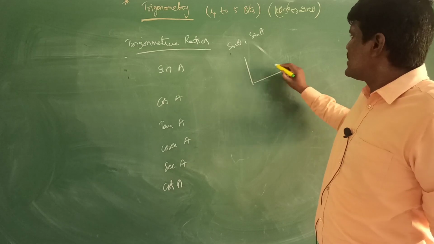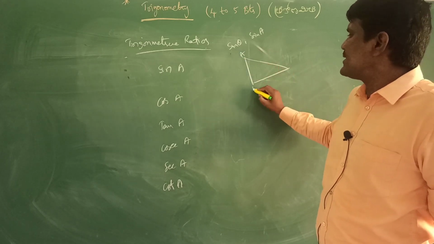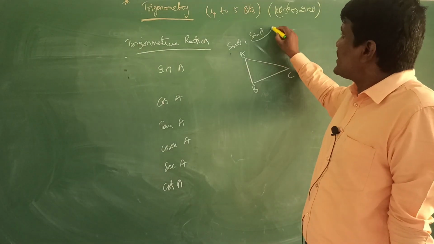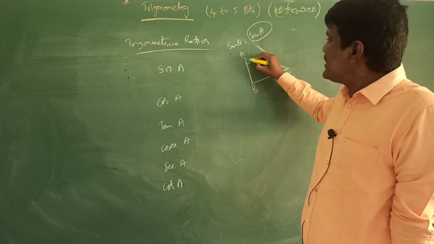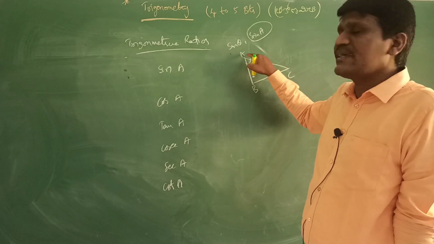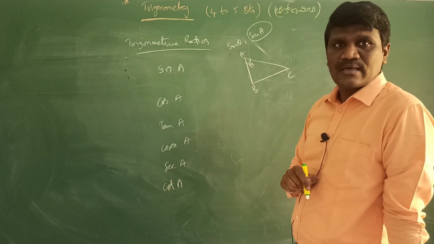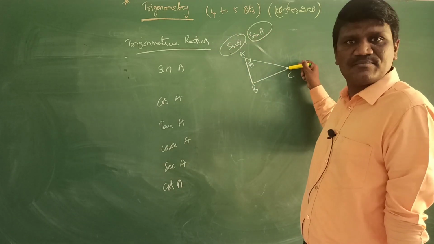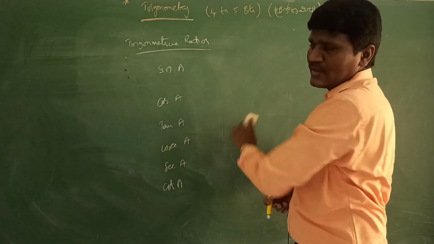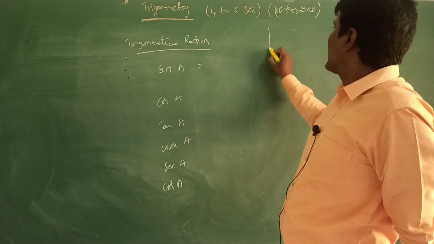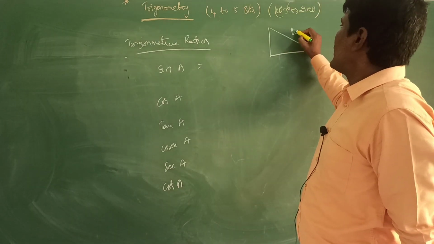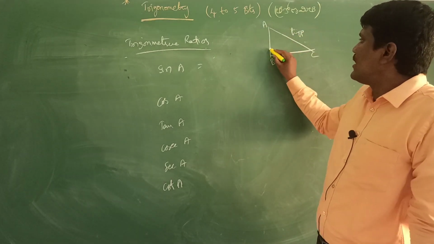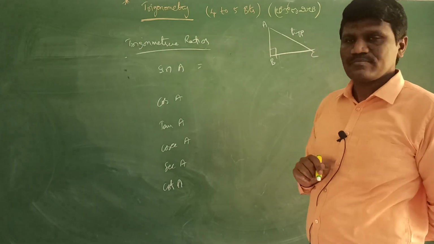The difference is, suppose ABC is a right angle triangle, and the right angle is at B. Sin A is when the angle theta is at A. Sin theta is when theta can be either at A or at C. There are three sides. One is the hypotenuse, which we already explained.